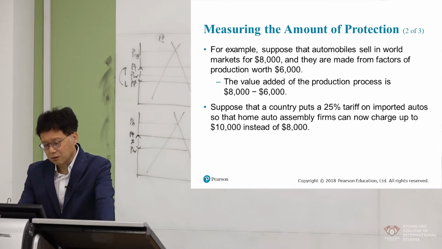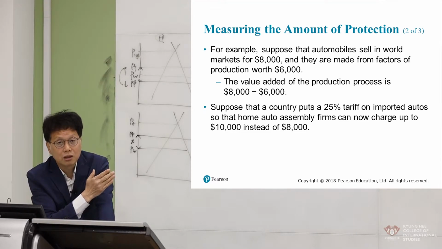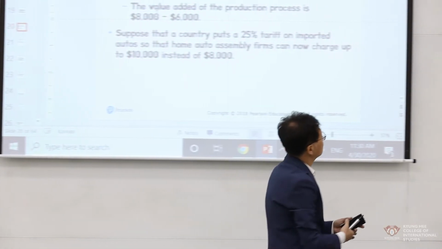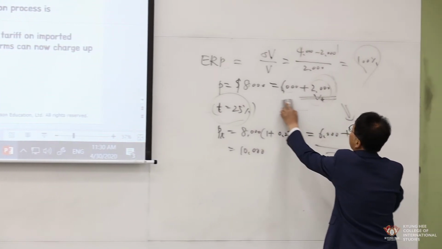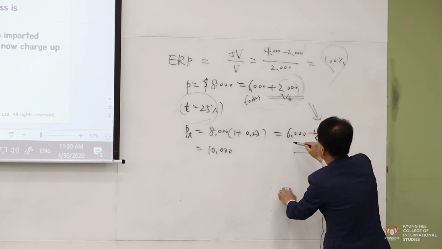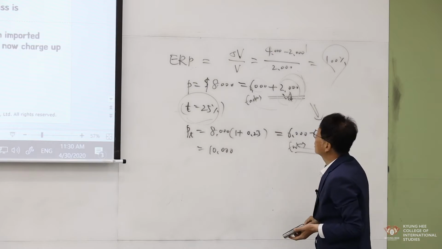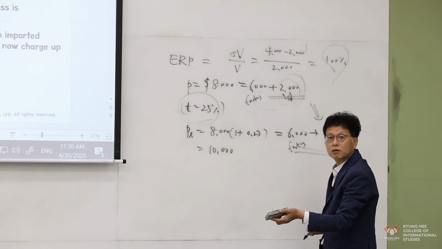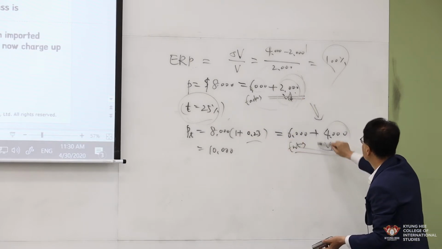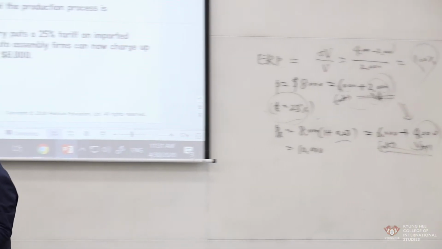I'd like to change the wording, because lots of confusion arises. The value of factors is $6,000. The other part is value added in our textbook. That is $2,000 originally, but after imposition of tariff, that becomes $4,000. So the effective rate is calculated like that.